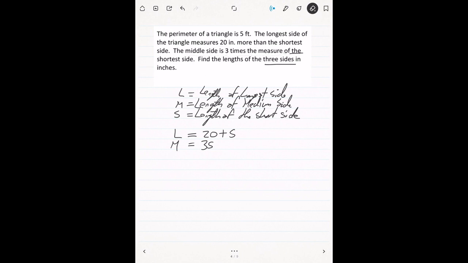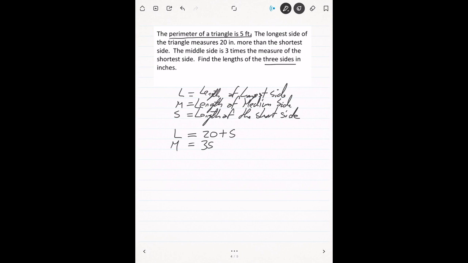Again, we're just finding these by diagramming our sentences. We're just looking to see where the equal sign would be and what's to the left and what's to the right of it. Now, do we have any other relationship? Well, we were told about the 20 inches part and the 3 times the measure of the other. Do we have any other relationship here? Well, one that we know is that the perimeter of the triangle is 5 feet.